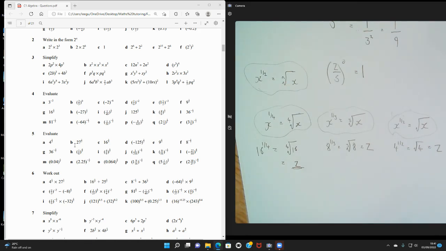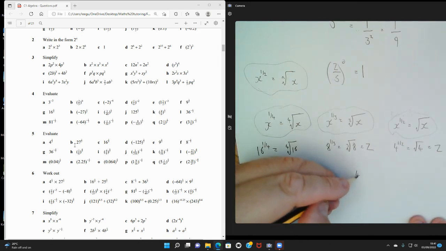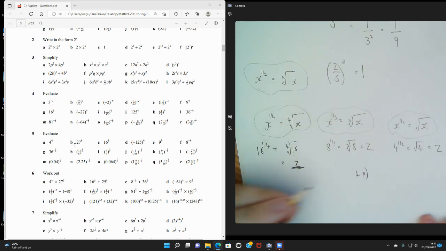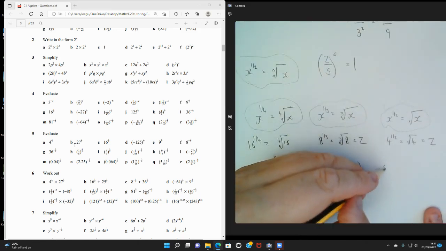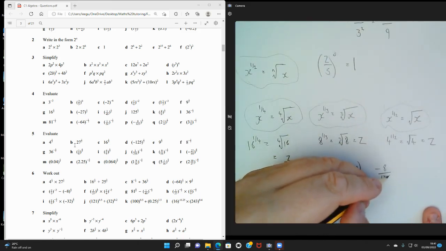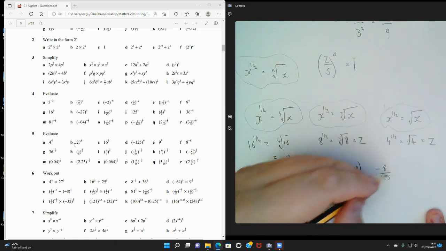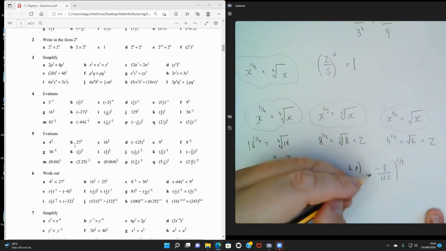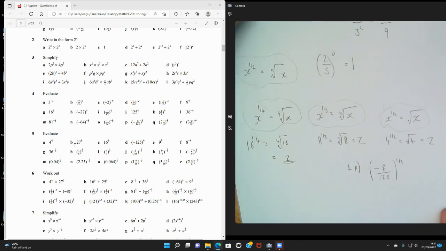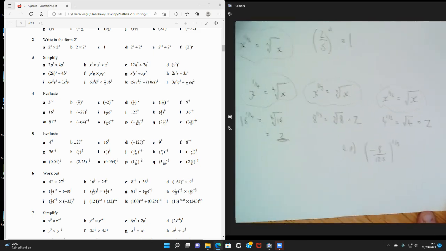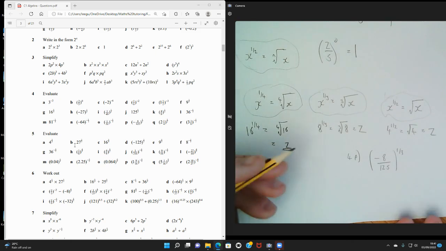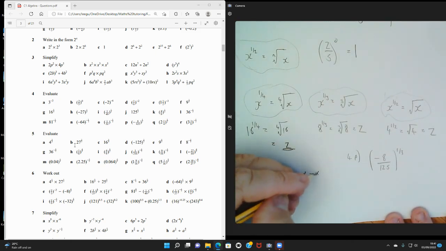So let's have a look then, for example, if we were to have a go at question 4p. Question 4p, we have minus 8 over 125 to the power of 1/3. Now, we can actually cube root a negative number, and the reason why we can cube root a negative number is because a minus times a minus times a minus is equal to a minus.